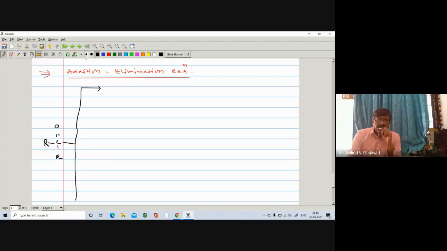number one. We have seen the previous example, that is reaction with NH2G, right? NH2G. So the first step we have seen: R, OH, here is R dash, here is N, here is H, here is H, and here is G, right?